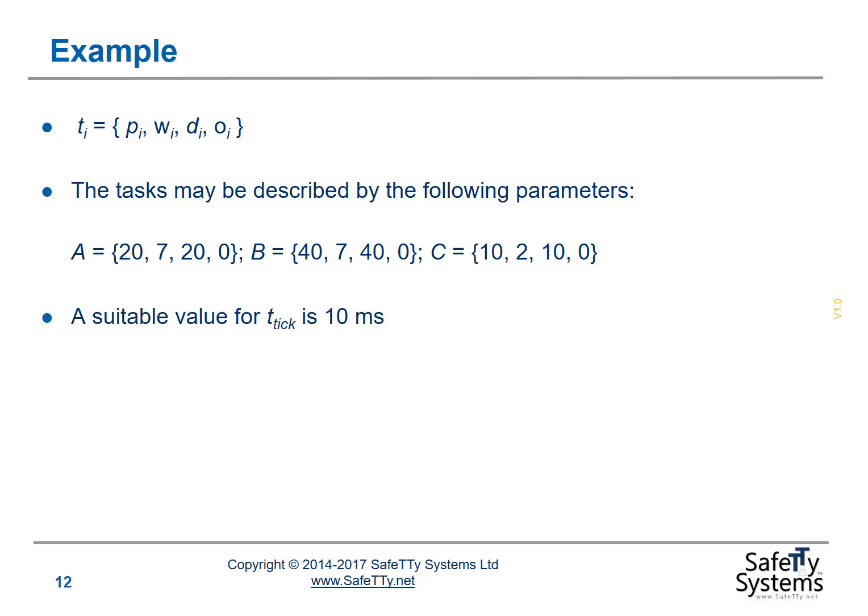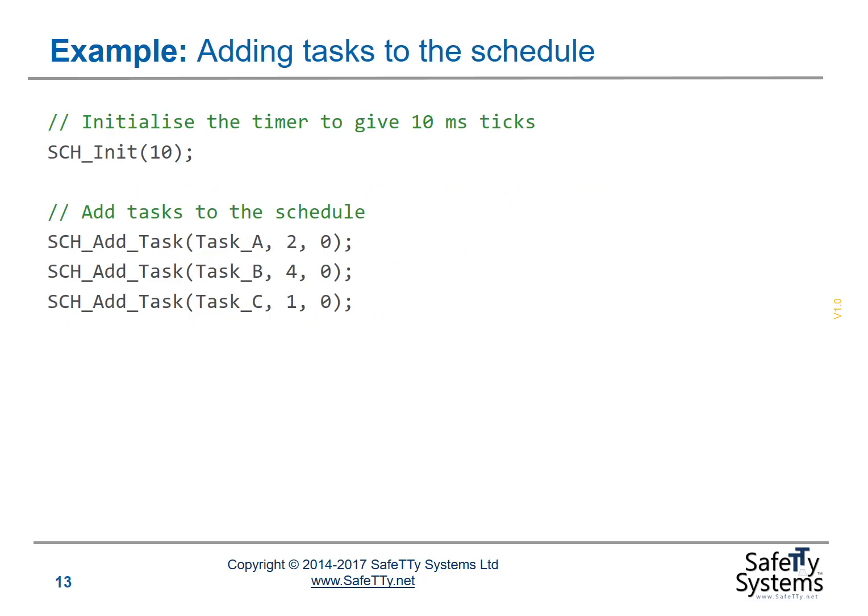Using the techniques that we've discussed previously on this course, we can calculate an appropriate tick interval, could be 10 milliseconds. So we could add these tasks to a schedule using the kind of techniques we've used before in this form. The tasks that have a 20 millisecond period will be added with 2 ticks because our tick interval is 10 milliseconds.